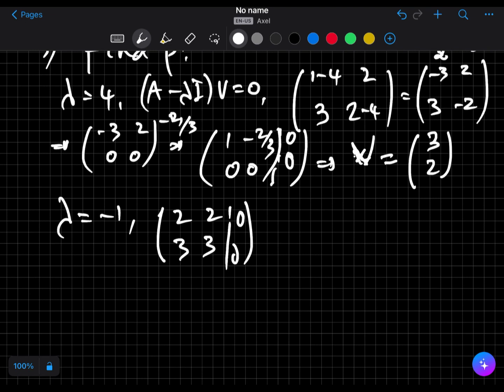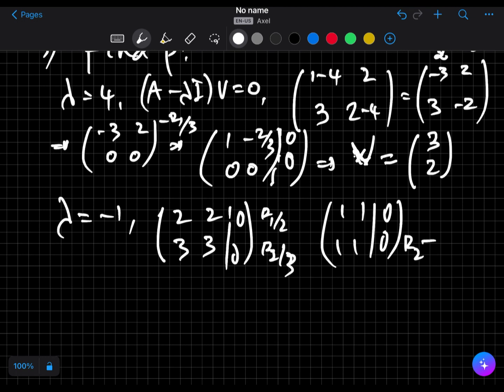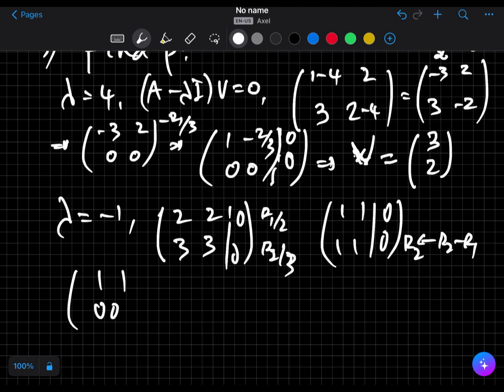Then I do a simplification: R1 divided by 2, R2 divided by 3. This gives me 1, 1, 1, 1, right? And if I do R2 equals R2 minus R1, this will give me 1, 1, 0, 0, right? And from here, I will have that V equals minus 1, 1.